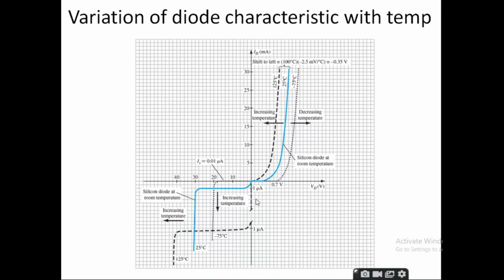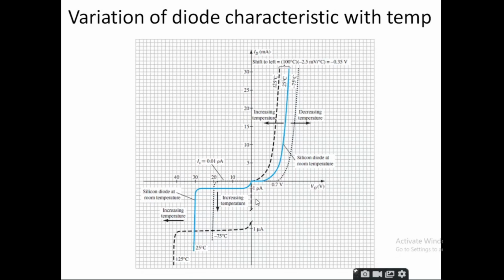If the characteristic moves towards the left hand side, that is towards the y-axis, it means you are getting more current at a lower value of the diode voltage. Whenever the characteristic shifts towards the left, the current is increasing. And whenever it goes towards the right hand side, as in the minus 75 degrees centigrade characteristic, the current is reducing.